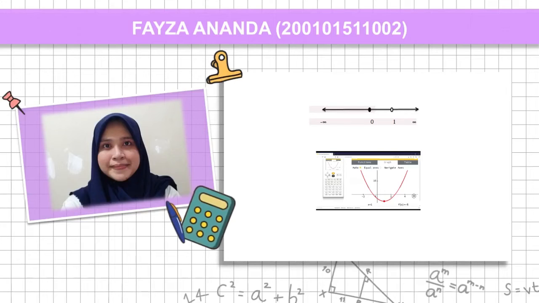Let's go back and look at the graph again. To the left of 1, the function is decreasing, and to the right of positive 1, the function is increasing. So it's decreasing on this interval and increasing on this interval.